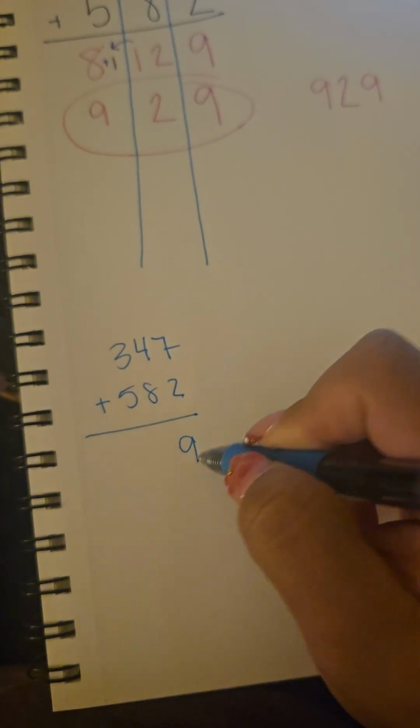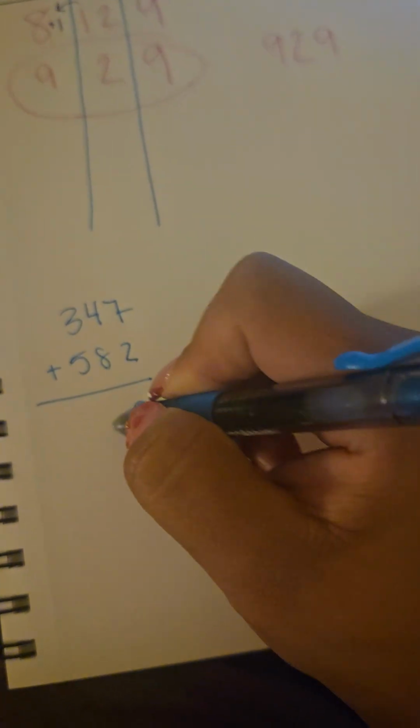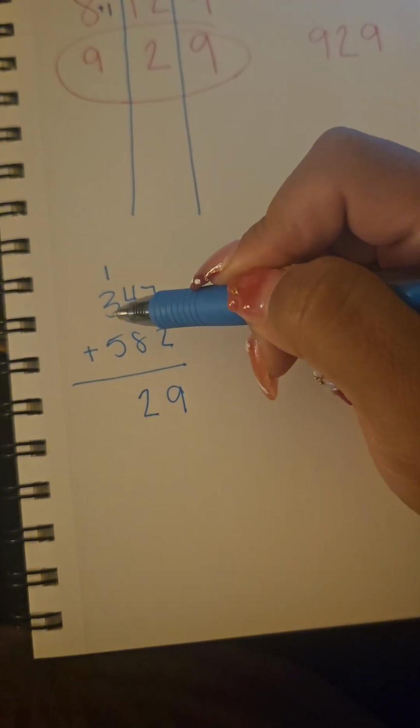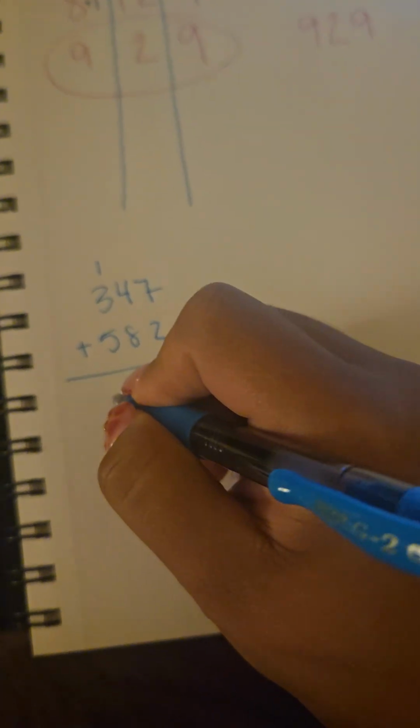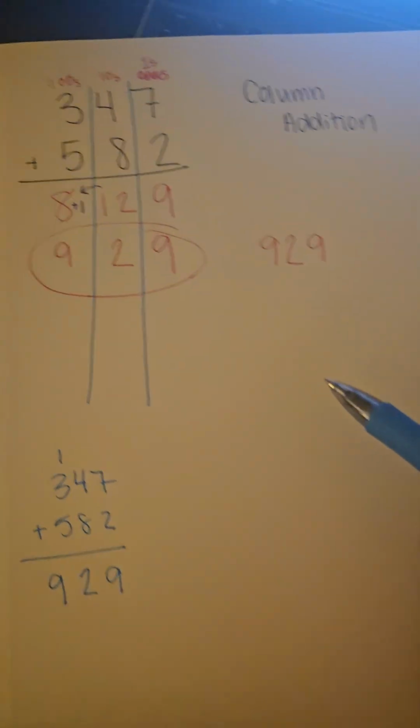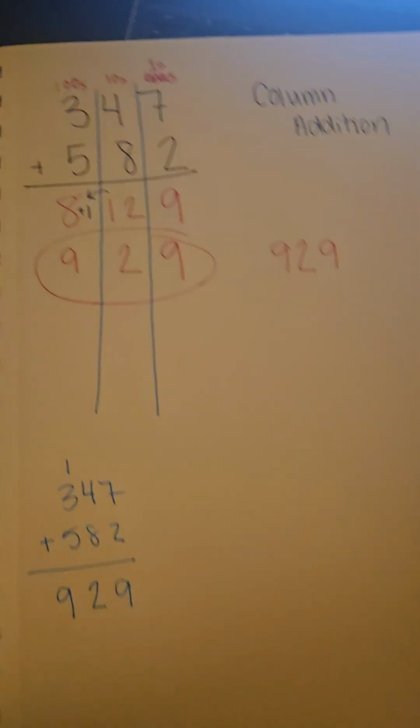This is 9. This is 12, where you would put the 2 here and the 1 here. You would typically add these, which would be 8, and then plus that 1, which is 929. So same answer, different ways.